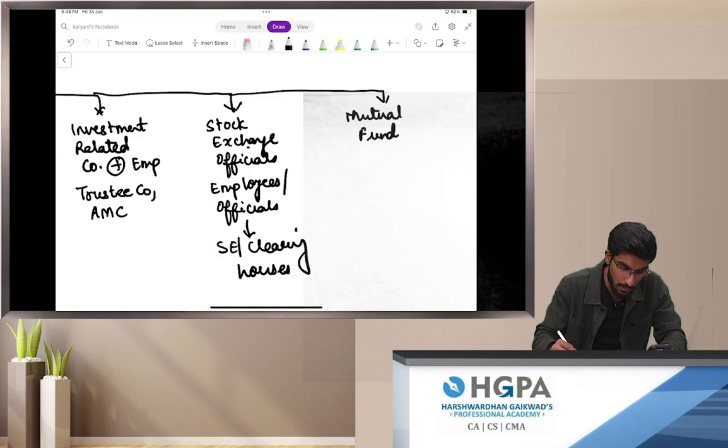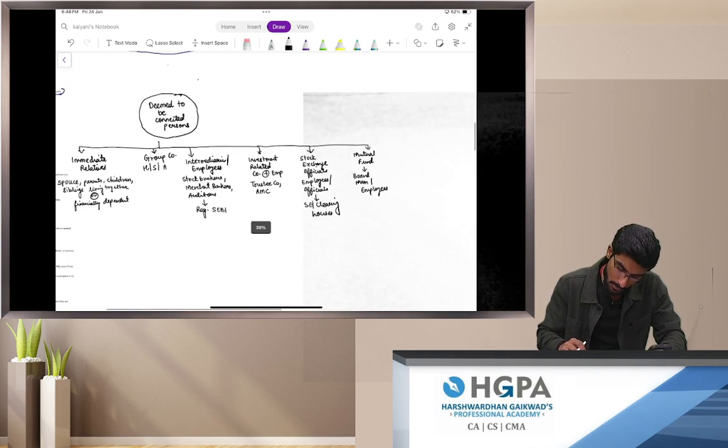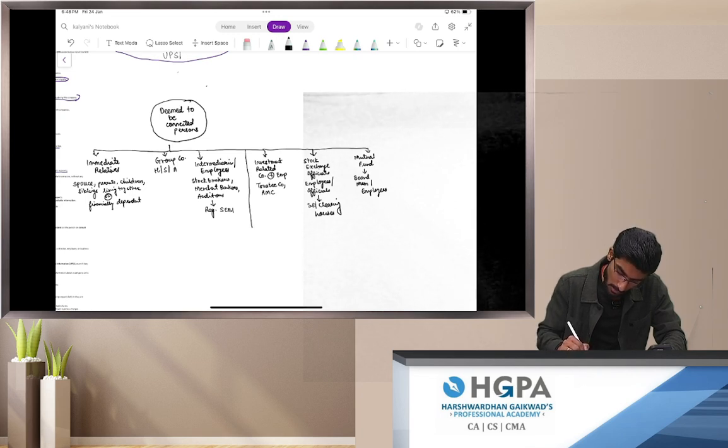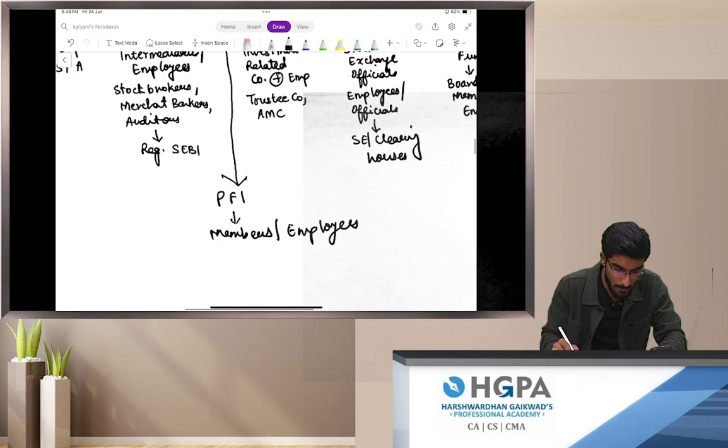Mutual fund board members or employees. Next is public financial institution, members or employees. For example, LIC or SBI.